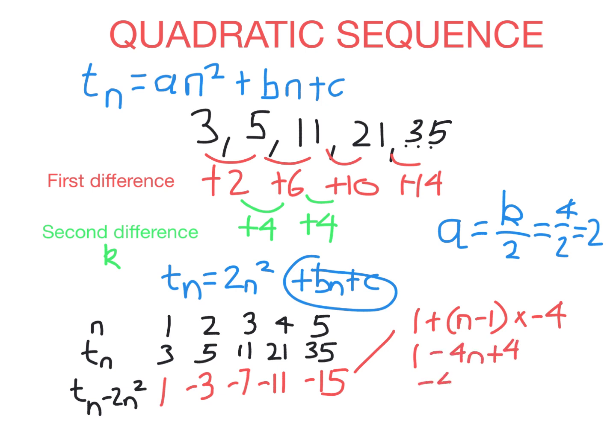We get negative 4n plus 5. So all we do now is add that on to our 2n squared. The formula for this sequence, we found Tn was equal to 2n squared, and now we just add the minus 4n plus 5. This formula will give you the value of any term if you substitute into it the value of n.